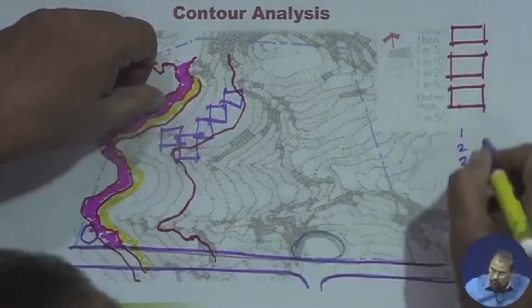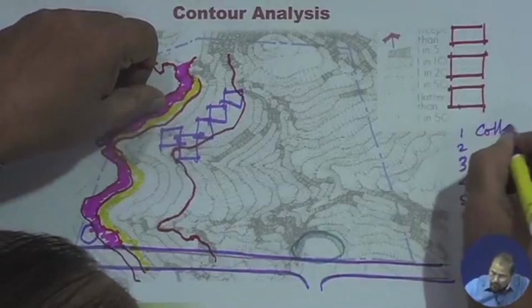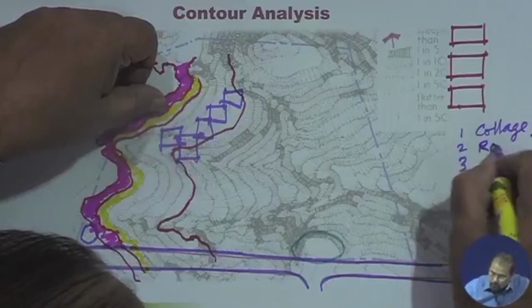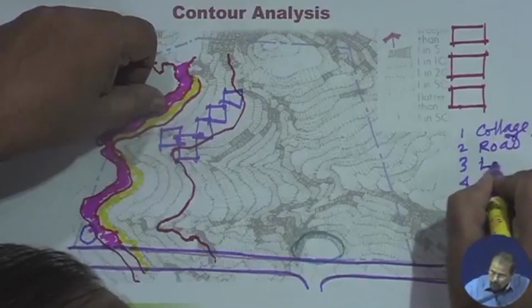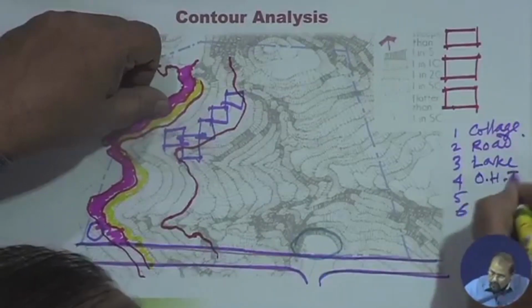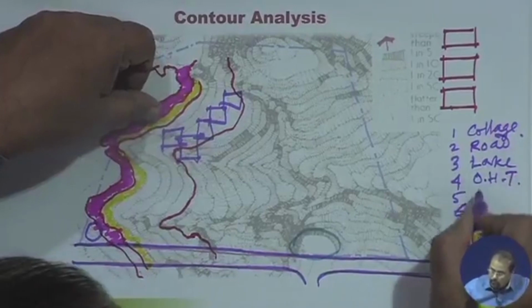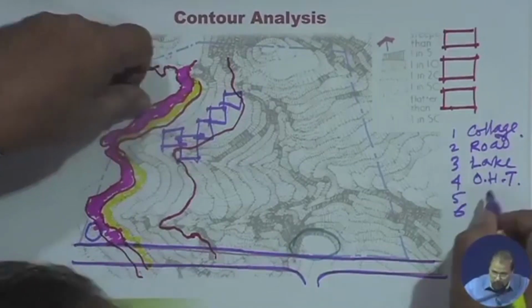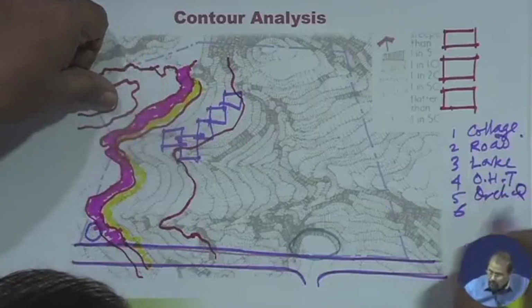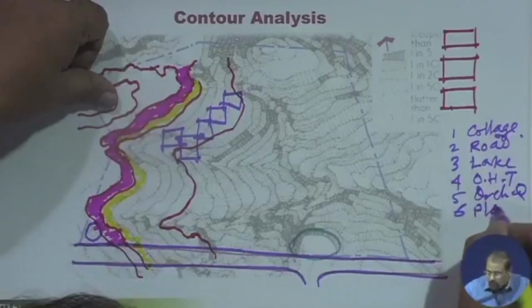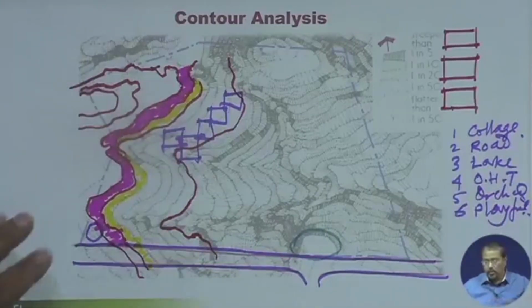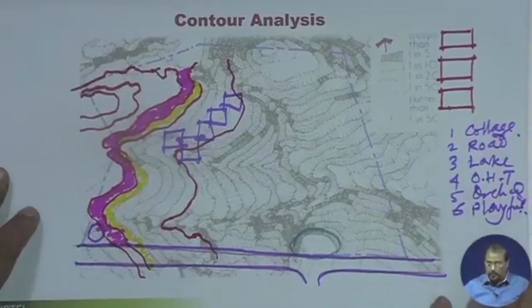I am just trying to draw: cottage, road, lake, overhead tank, orchards, and a play field. I have deliberately done it. So these are the 6 functions which I find to be the prime in this particular site.